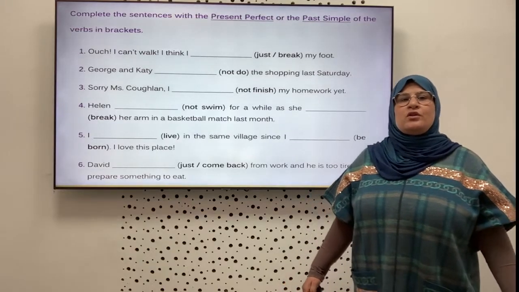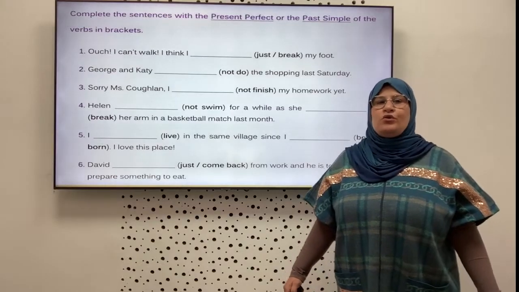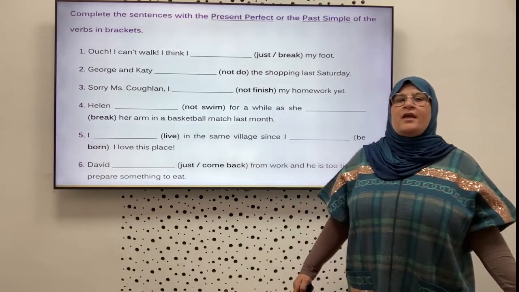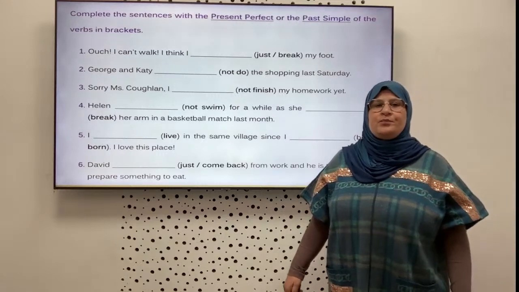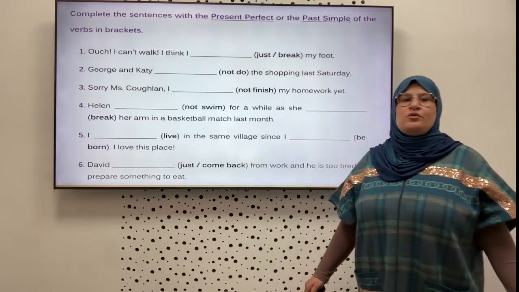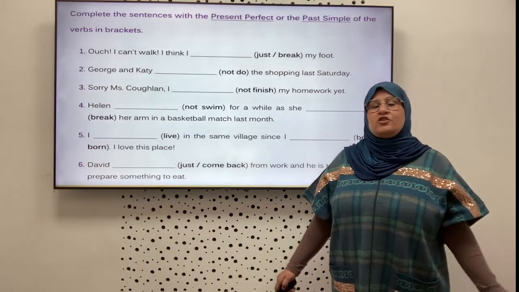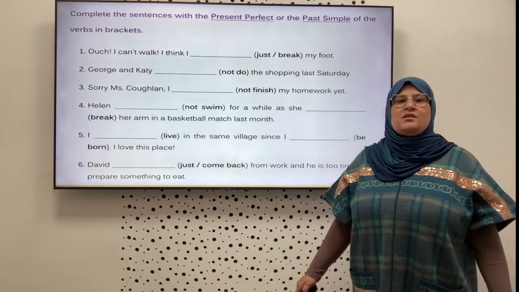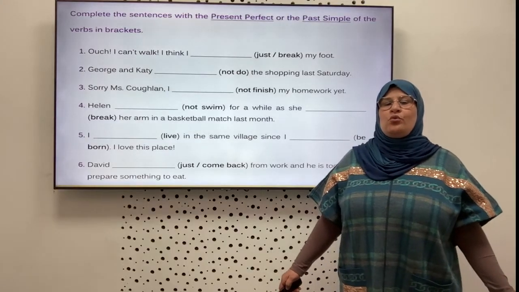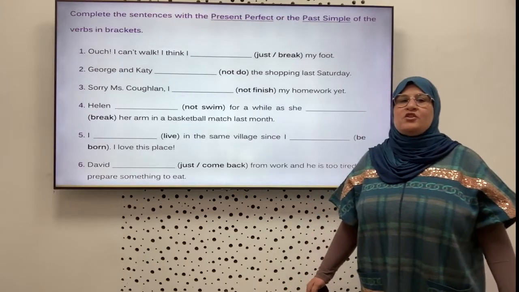Number 3: Sorry, Mrs. Cohen, I have not finished my homework yet. So we can say I haven't finished my homework yet. Number 4: Helen has not swum for a while as she broke her arm in a basketball match last month.